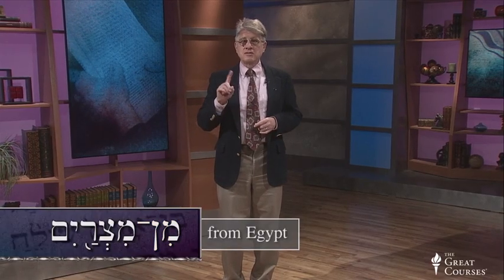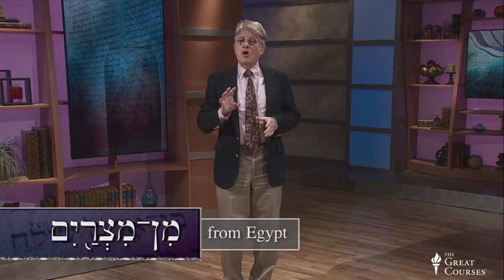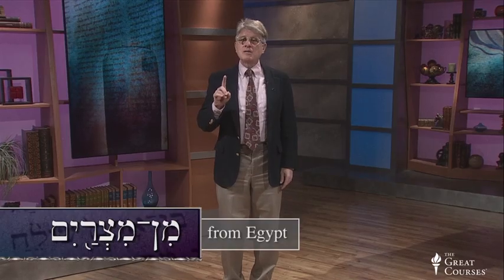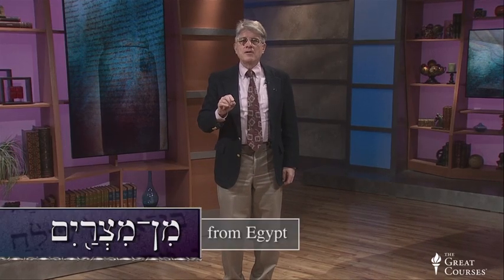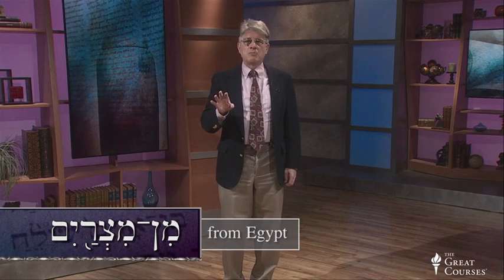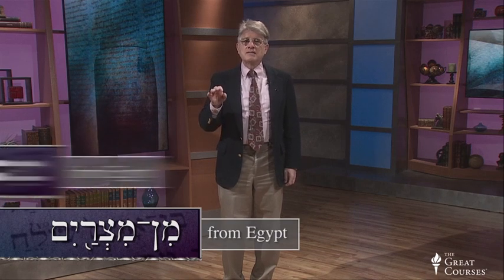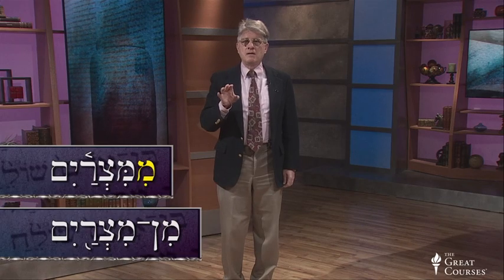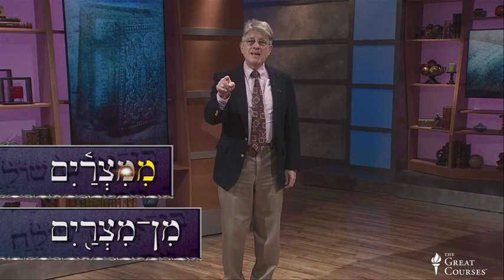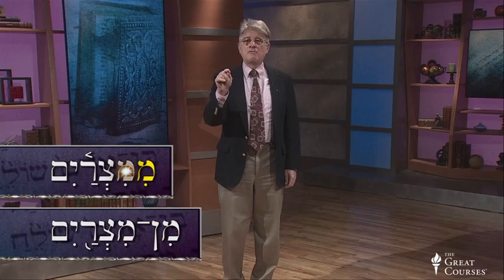A phrase, this might surprise you, that only occurs a single time in the Bible, in Isaiah 20, verse 5. The other 90 or so times that the Bible says from Egypt, it's mi Mitzrayim, the mi of min, followed by a dagesh in the first mem of Mitzrayim.